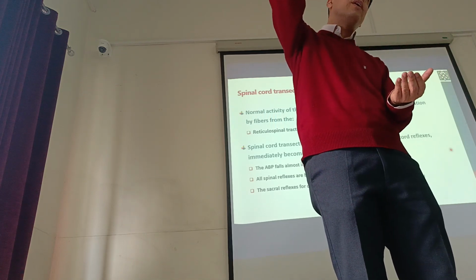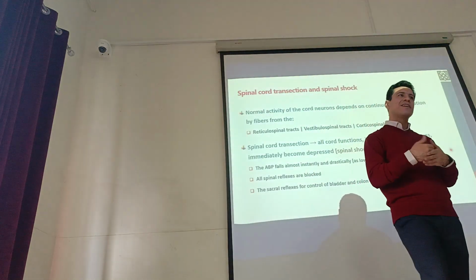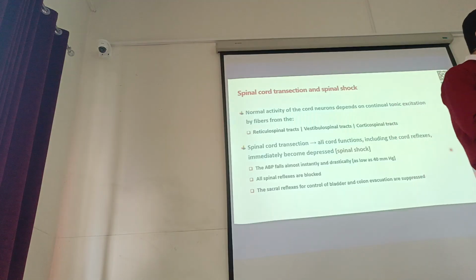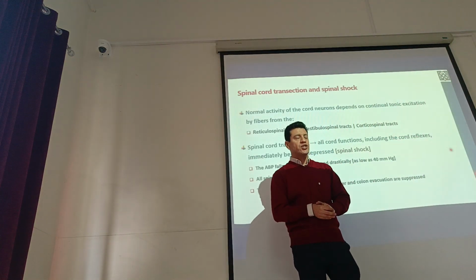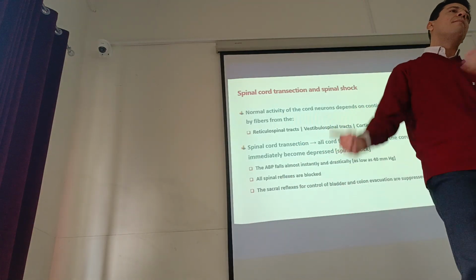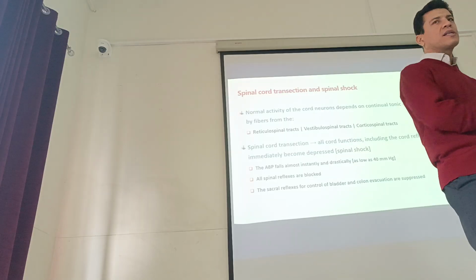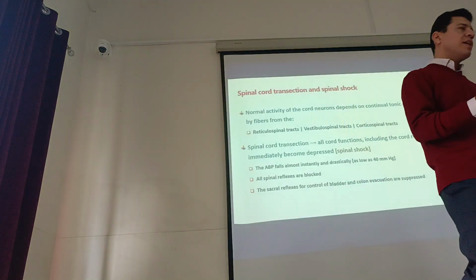When we have an injury in the spinal cord, these reflexes are lost, so the patient cannot urinate or defecate. This condition is called spinal shock. After some time, usually these reflexes come back again, for example in humans after 2 or 3 months.